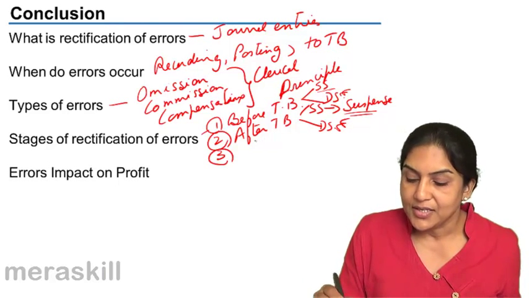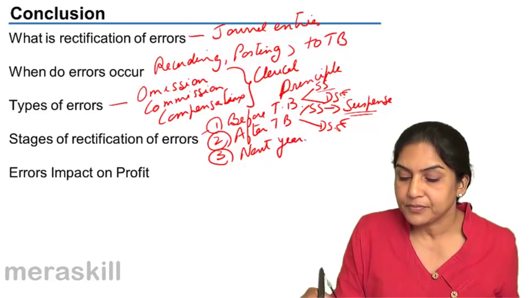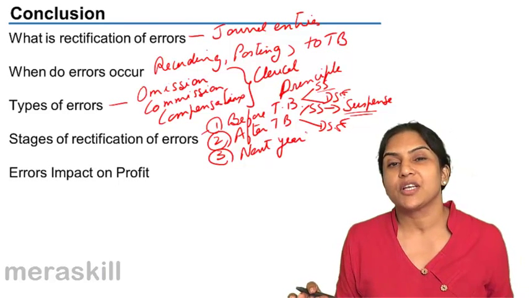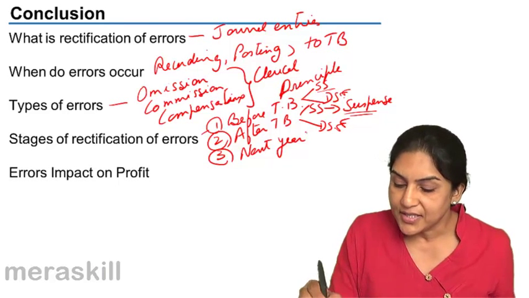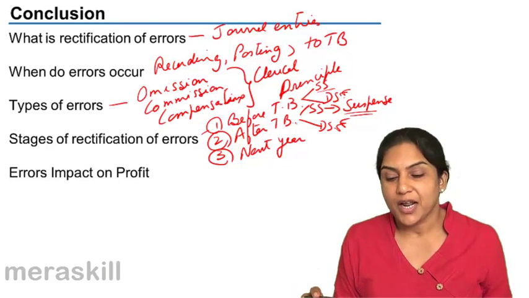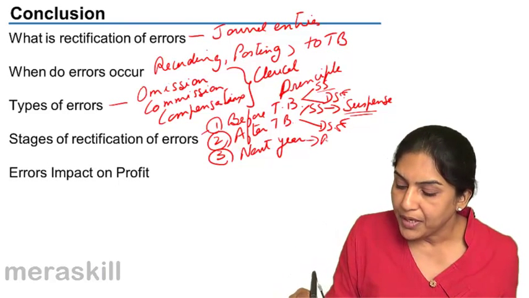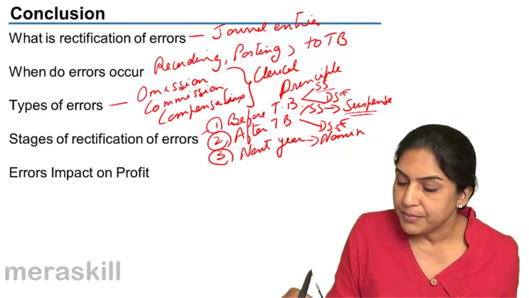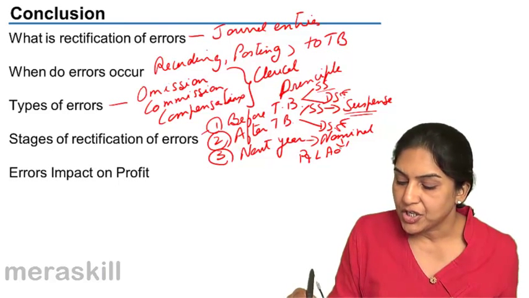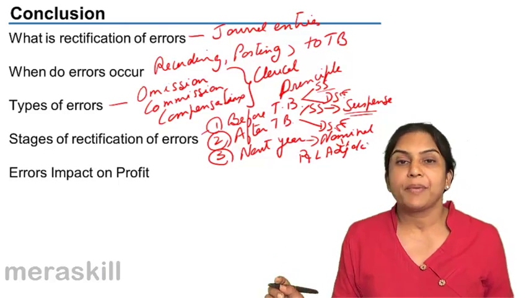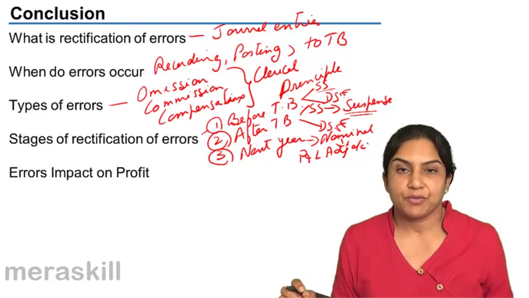And the third is, it is detected only in the next year, after final accounts have been prepared. If that is the case, accounting entries are the same as after trial balance with suspense account, except nominal accounts are replaced by profit and loss adjustment account.